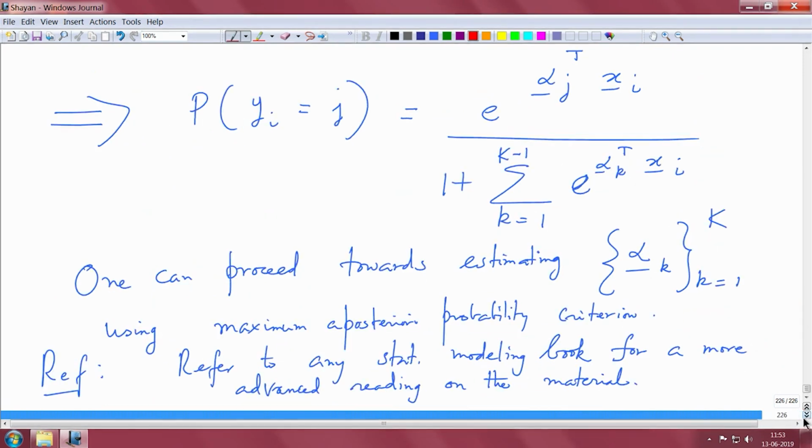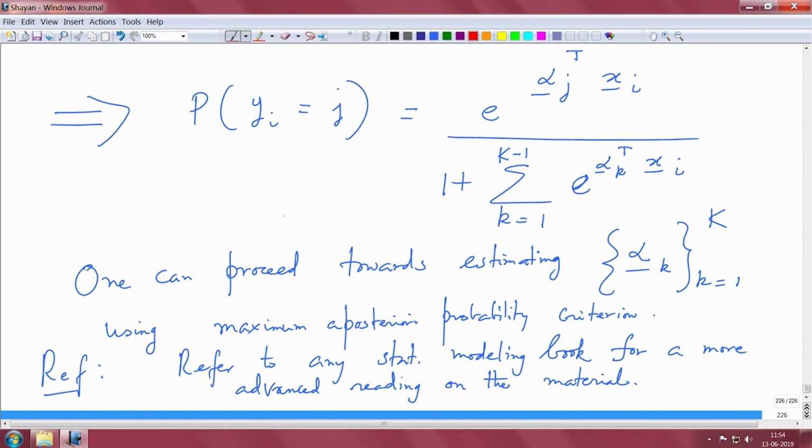Now, p of yi equal to j, for the jth outcome, we can just compute straightforwardly, because we know this quantity, 1 upon 1 plus the summation over k equals 1 to capital K minus 1 of the exponential of this term, is the probability that the outcome is equal to capital K, and you have this exponential modulation term here.